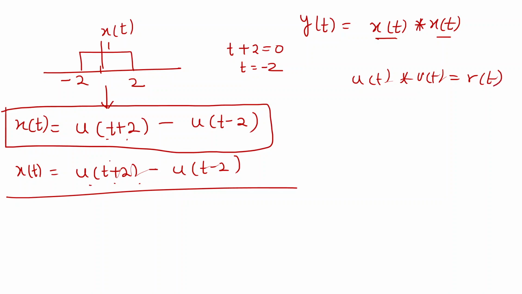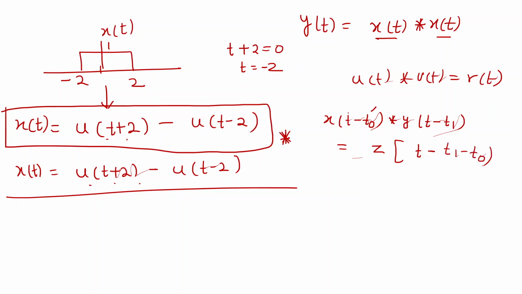Okay, so remember that this is the convolution, I'm not multiplying here. This signal x of t is convoluted with x of t. Remember that x of t minus t0, whenever it is convoluted with another signal y of t minus t1, you will get another signal z, which is nothing but r of t minus t1 minus t0.